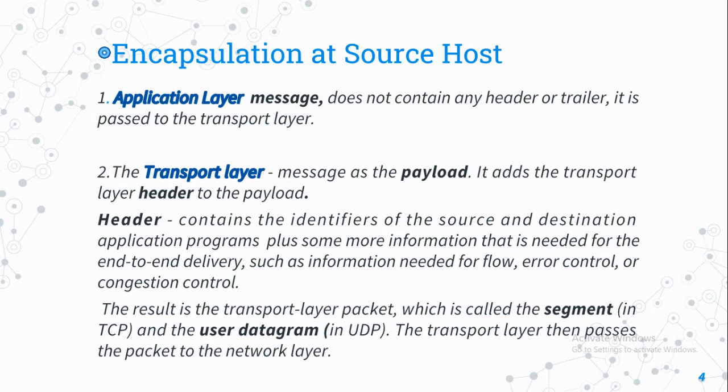So what does the header contain? It contains the identifiers of the source and destination application programs, and also the information needed for end-to-end delivery, error control, flow control, and congestion control information. The result of the encapsulation is the transport layer packet, called a segment if it is TCP, otherwise it is called a user datagram in the UDP protocol.